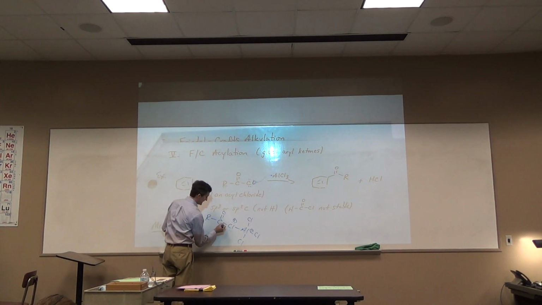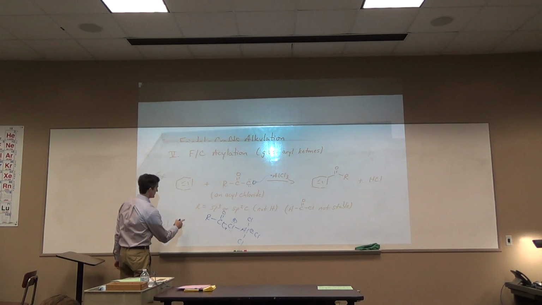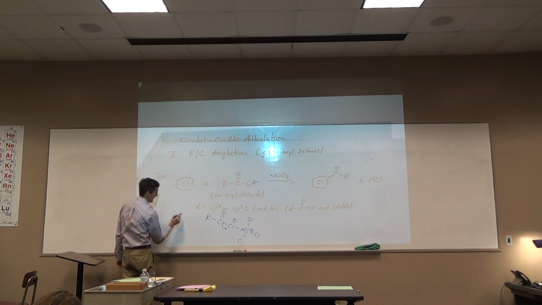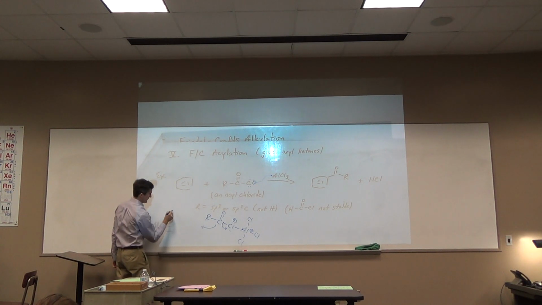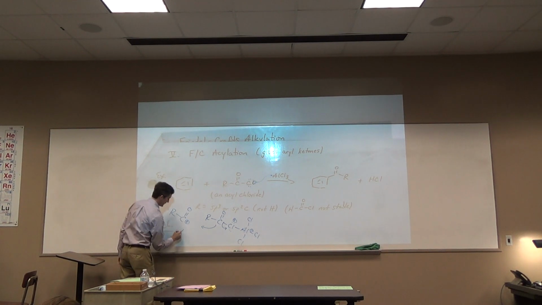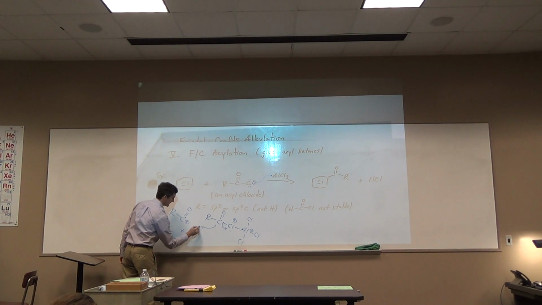Now this chlorine will leave this carbon. I'll come this way so I can end up closer to my reactive ring. That will give that carbocation plus aluminum trichloride, right?